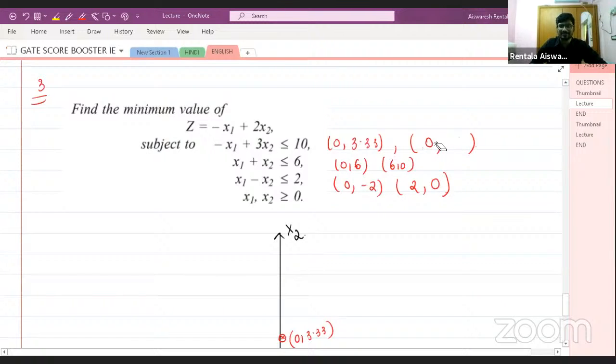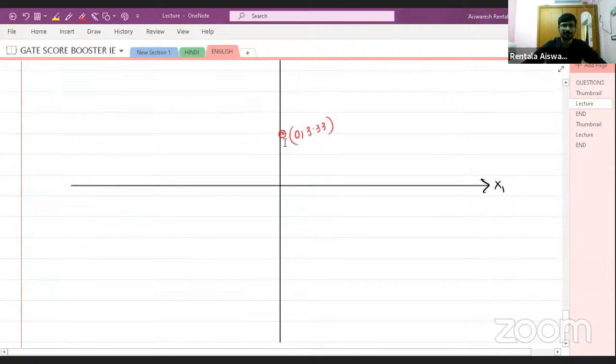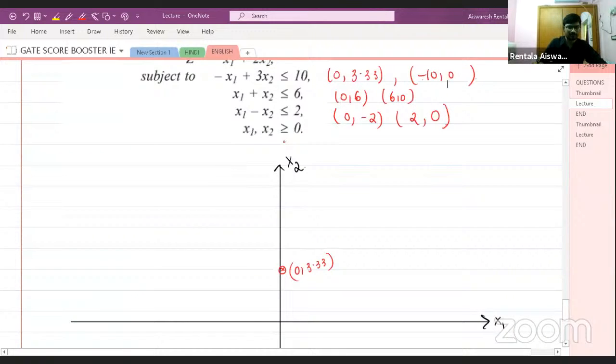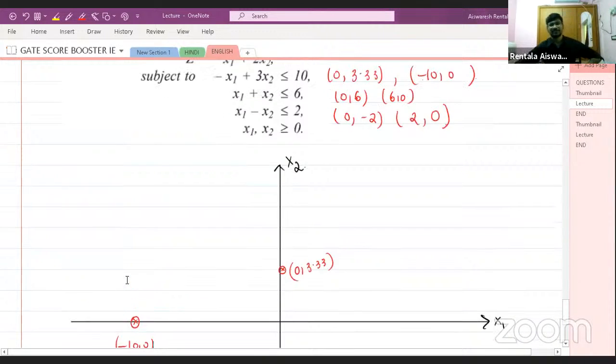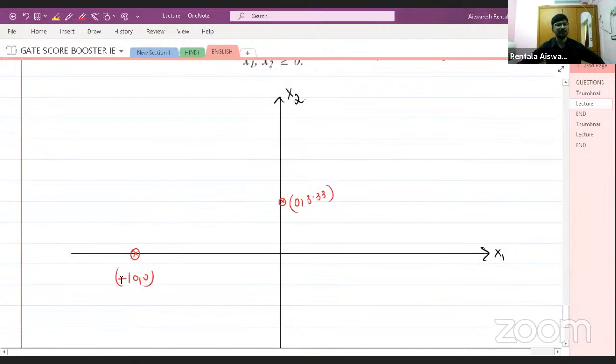So it will be minus 10 comma 0, somewhere here. I think maybe you have not looked and you are solving. I can understand. So the points are minus 10 comma 0 and 0 comma 3.33.